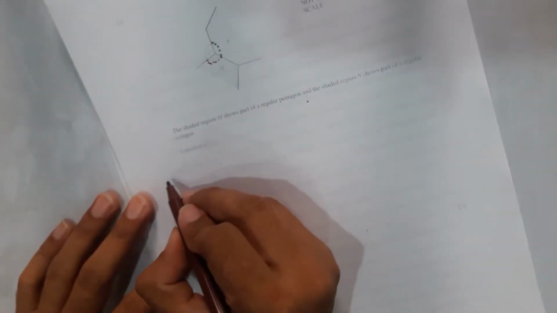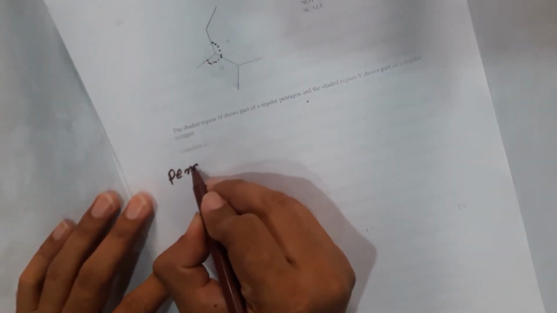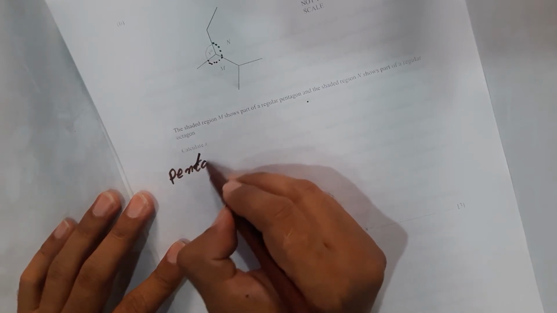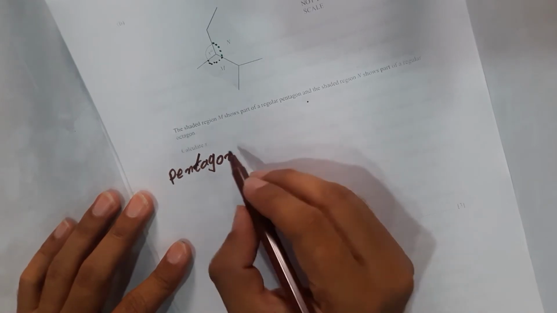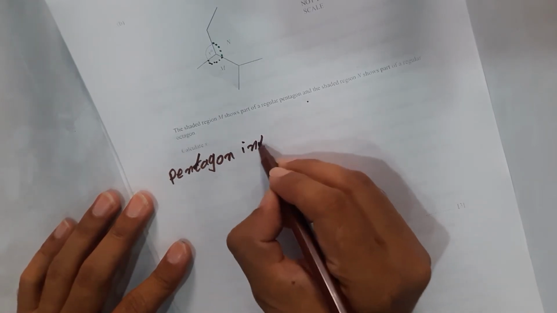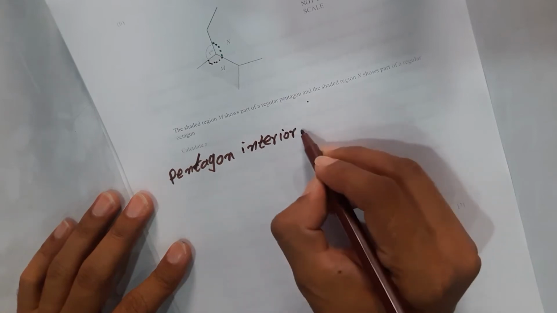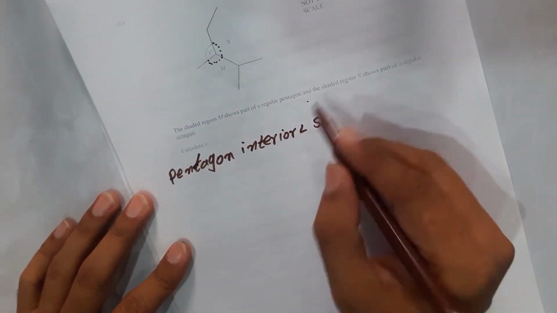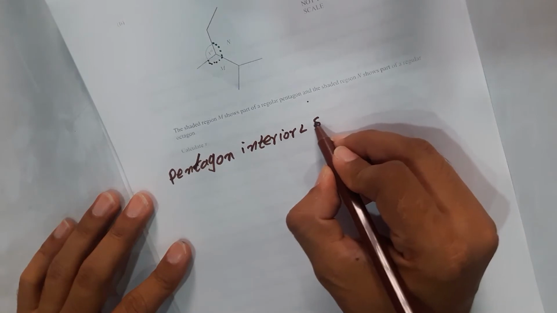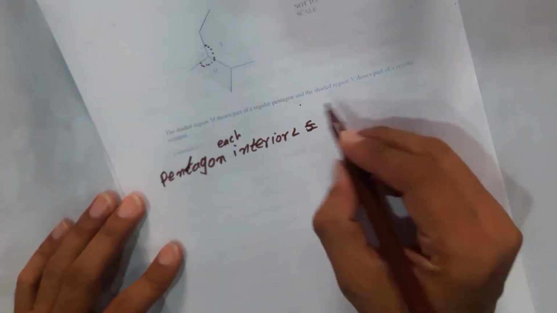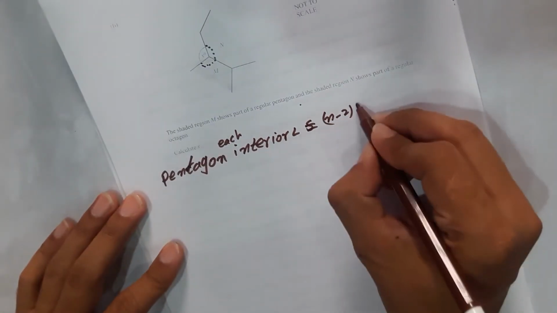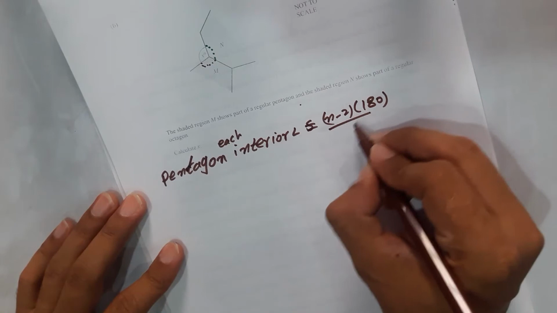So the pentagon interior angle sum is, each interior angle. You can write each interior angle, excuse me for that. The formula is (n minus 2) into 180 over n.